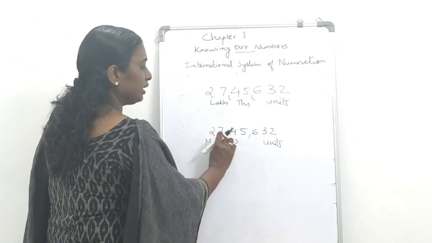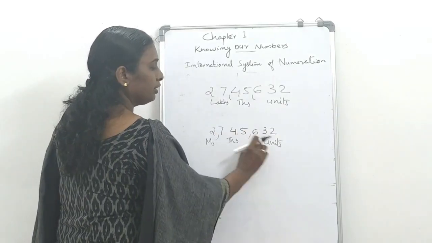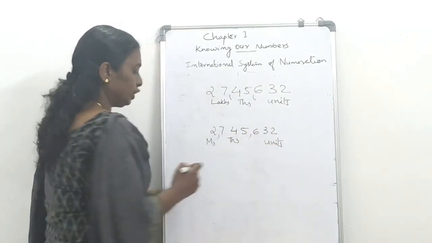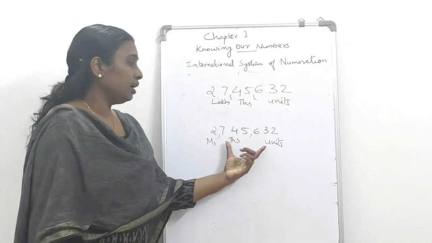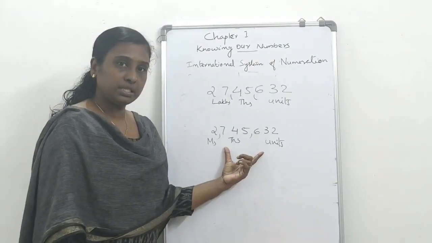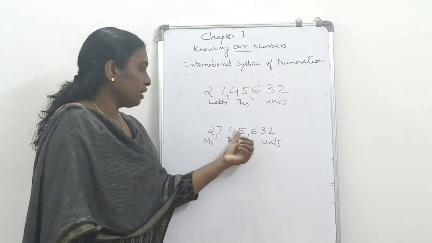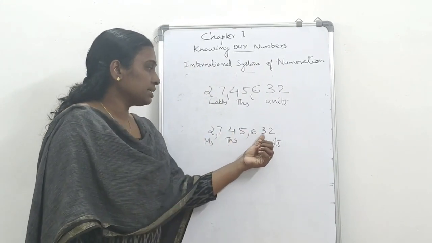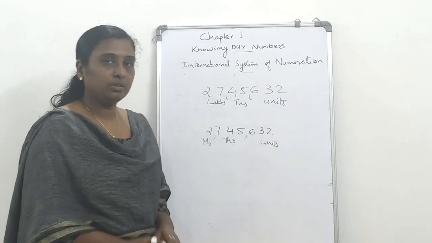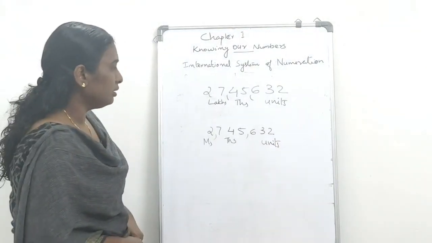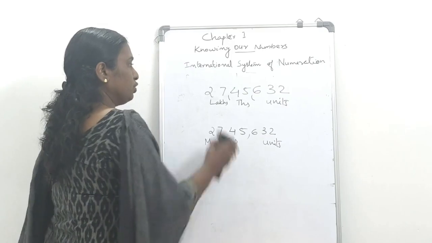In the thousands period the number is 745. Here 632. So this number can be read according to the International System of Numeration as 2,745,632.